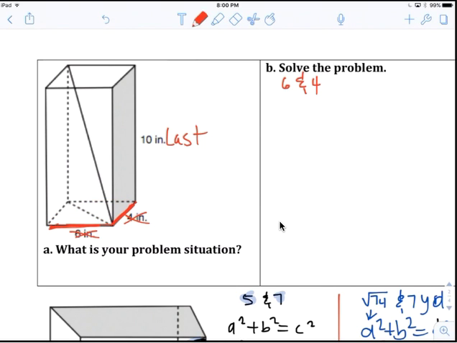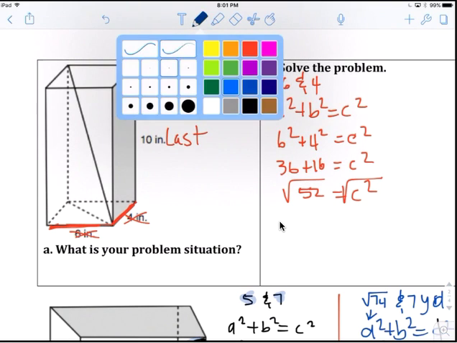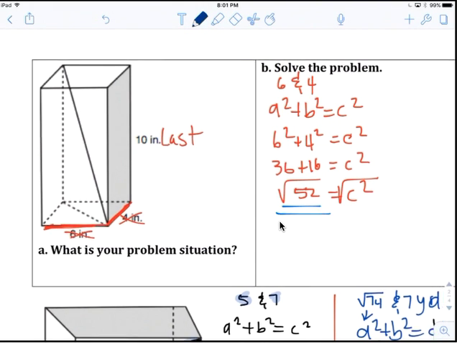A squared plus b squared equals c squared. 6 squared plus 4 squared equals c squared. 36 plus 16 equals c squared. 52 equals c squared, the square root of 52. Leave it alone.